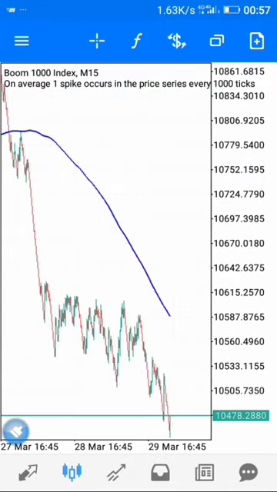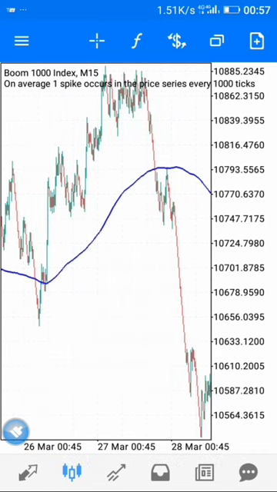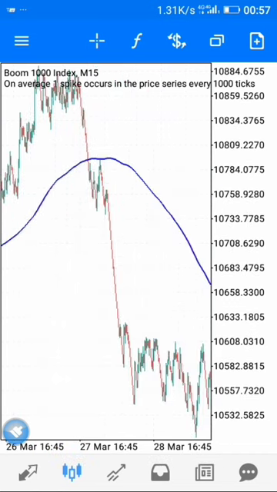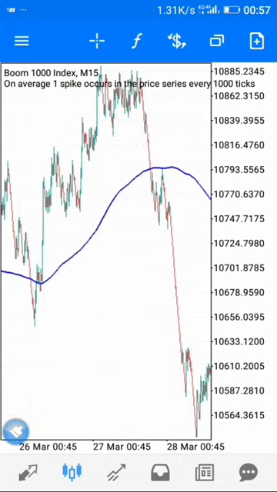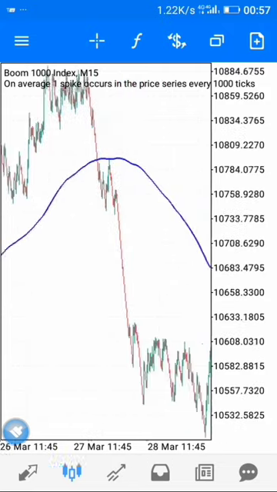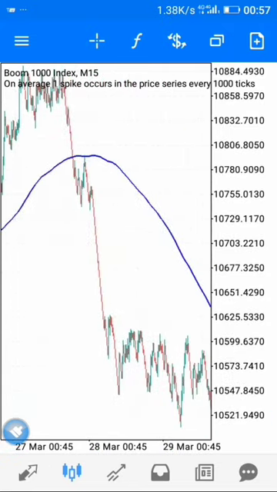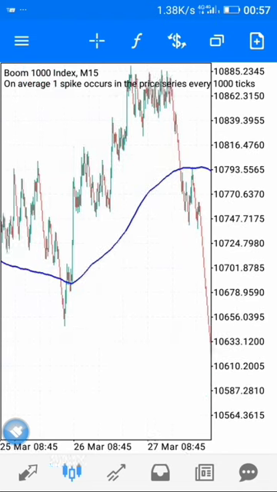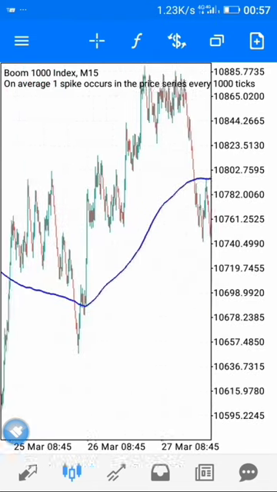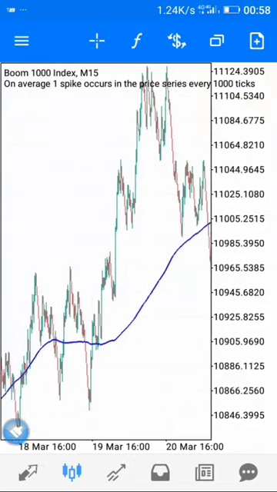Now this is the simple moving average. Remember, I did say that ideally it is believed that whenever the market, this is Boom 1000, is below this simple moving average period 200, it is in a downtrend, and then it's safe to sell. But whenever the action of the market is above that, it is in an uptrend and it's safe to buy.